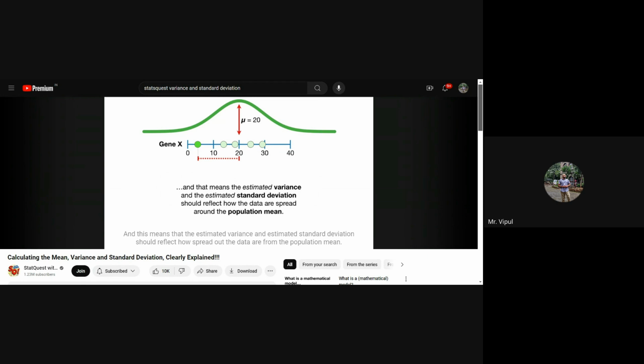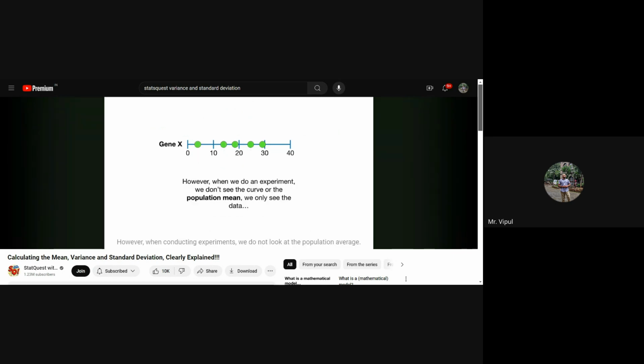And that means the estimated variance and the estimated standard deviation should reflect how the data are spread around the population mean. However, when we do an experiment, we don't see the curve or the population mean. We only see the data. So we have to use the estimated mean, x bar, instead.